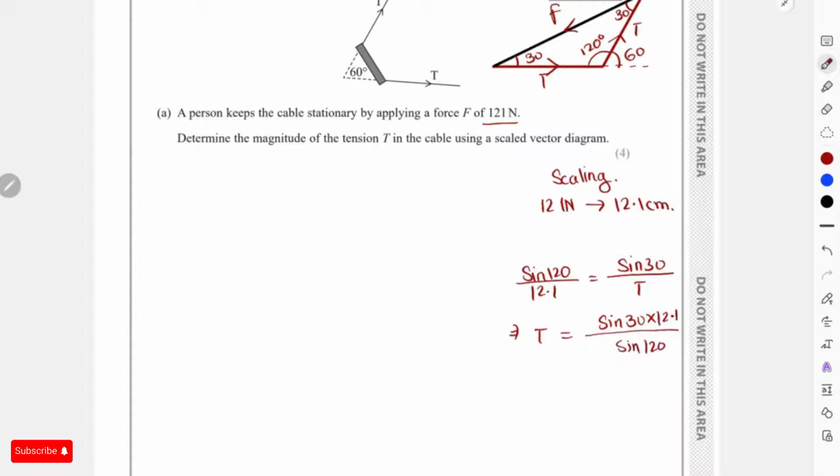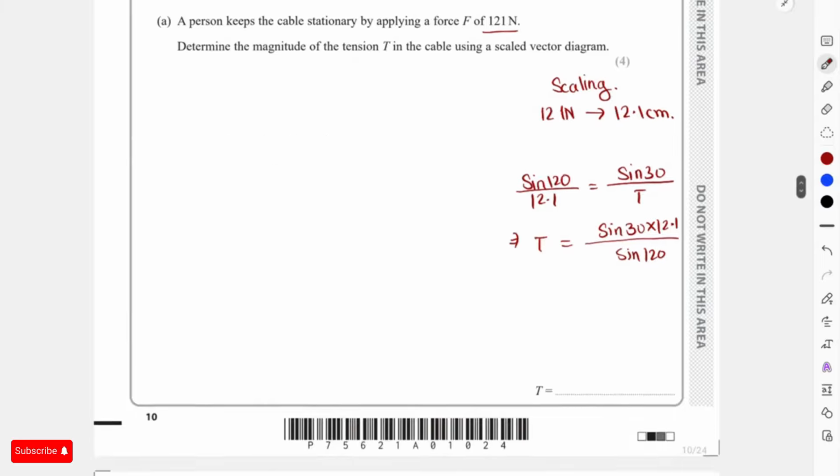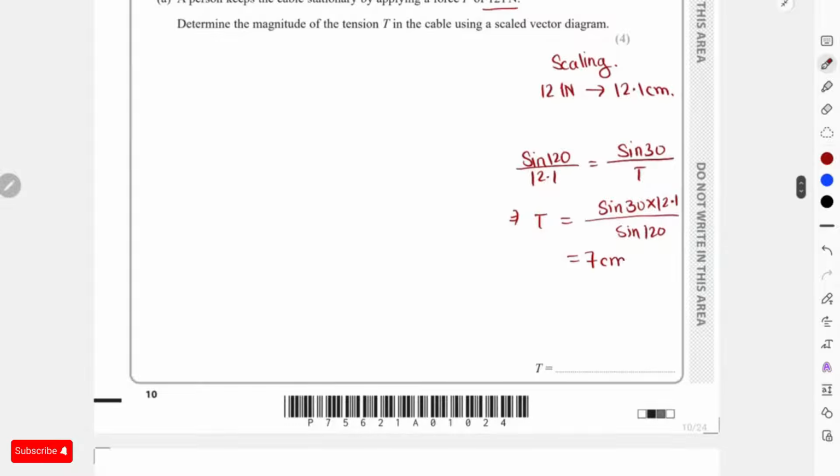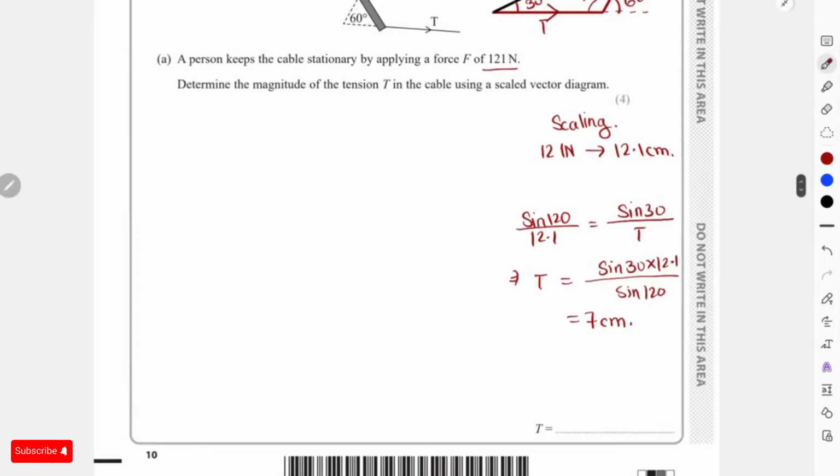If you calculate it, you approximately get 6.9858, so we can just write 7 centimeters. The working for the sine rule should not be included in your answer because it is outside your A-level physics syllabus.